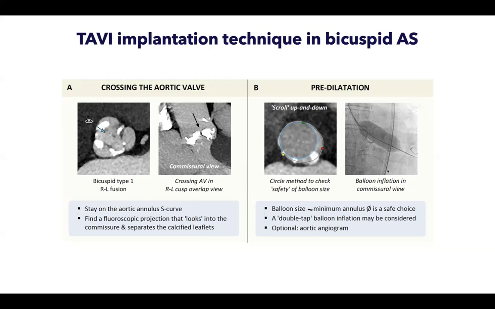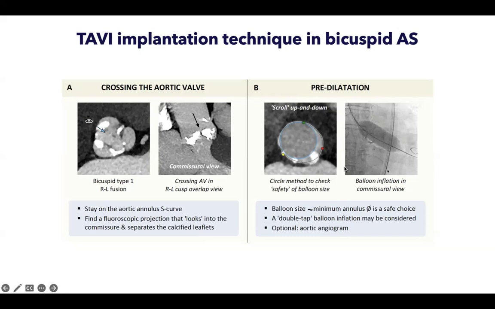Is it an RAO caudal or an LAO cranial, or what view is it, to look into the commissure? And that's the best angle to cross your valve. So you're not randomly poking to cross your valve. No, you really look into the commissure, and then you can nicely, within less than 15, 20 seconds, cross these valves. I do my predilatation in this same commissural view.